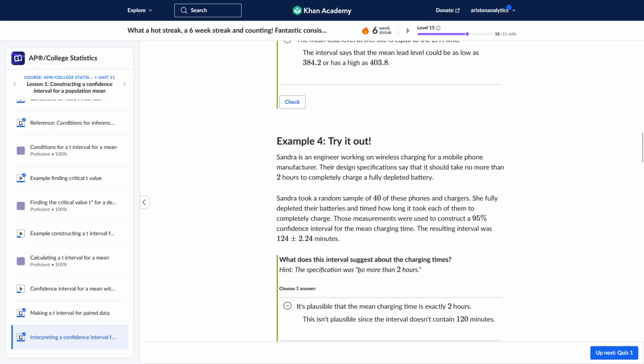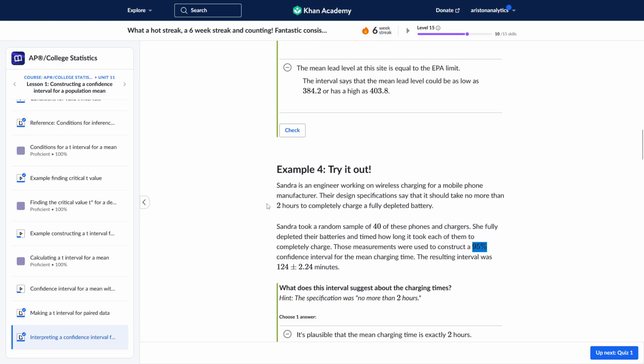Oh my goodness. The true population parameter, 95% of the time when you generate confidence intervals, will be in between 122. No, wait, that's wrong. When you generate this interval, 95% of the time, it'll capture the population parameter.